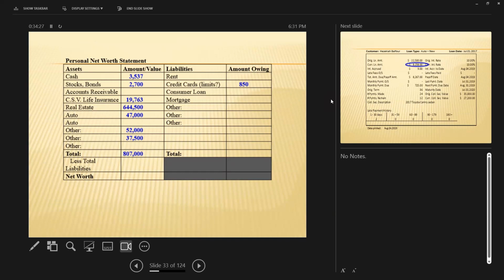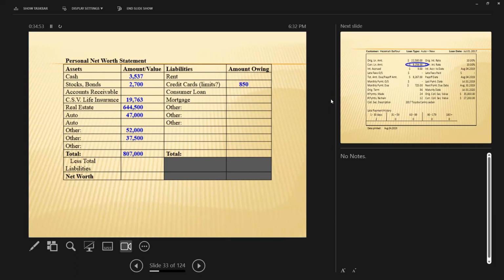Do they have a consumer loan? Yes, that's the auto, the car loan. And what is the amount that we put in there? 8,258.